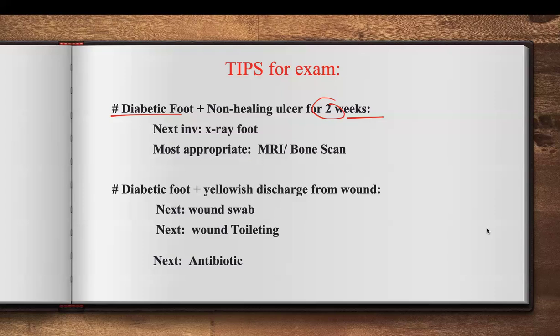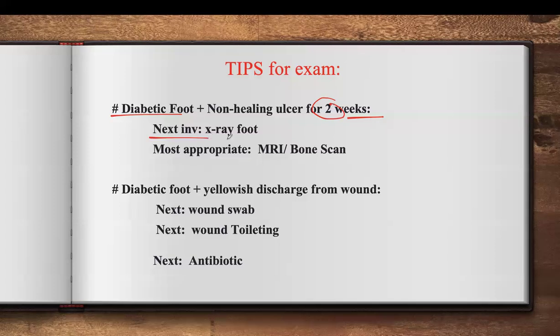Not amputation. Why would you amputate? What is the reason for amputation? Yes, bone involvement. So it's osteomyelitis. Okay, that's what we are concerned about. So always remember, if it is a diabetic foot, if it is a moderate to severe wound, and it is a non-healing ulcer for 2 weeks, you need to rule out osteomyelitis.